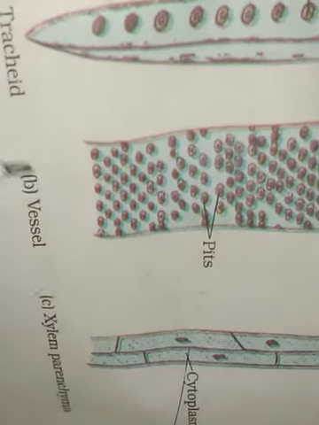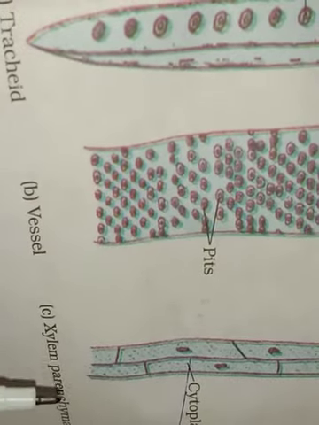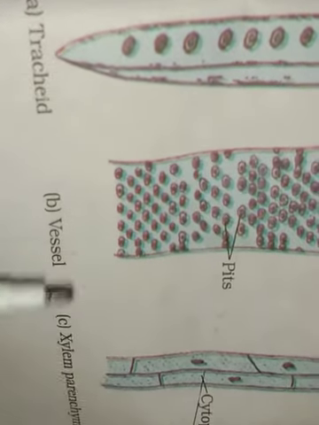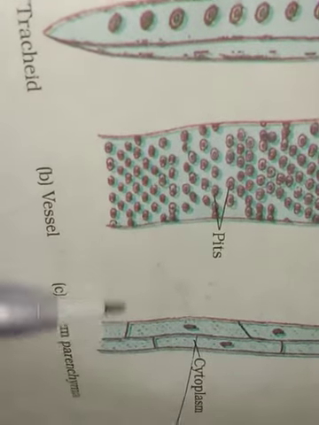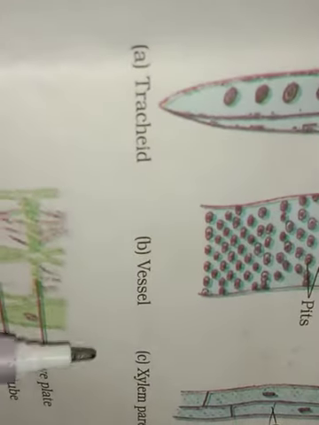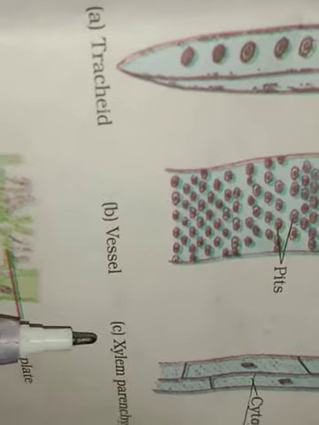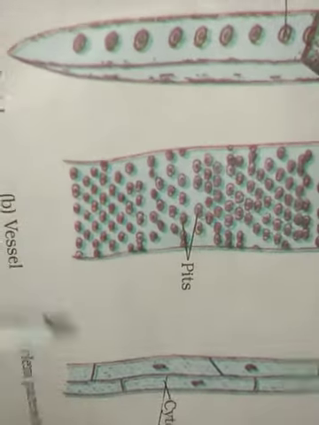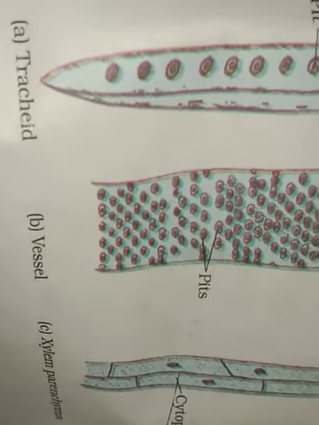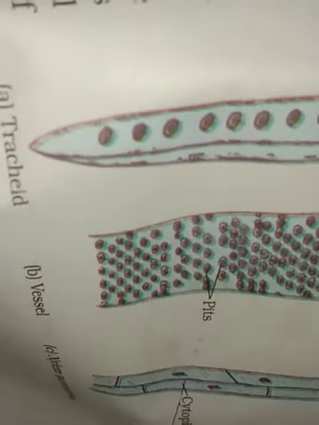So these were the components of a xylem. Tracheid, vessel and xylem parenchyma help in transportation of water, and xylem fibers, which are not shown here in the diagram, are supportive in function. They give support to all of these parts. Okay, so that was all about xylem.